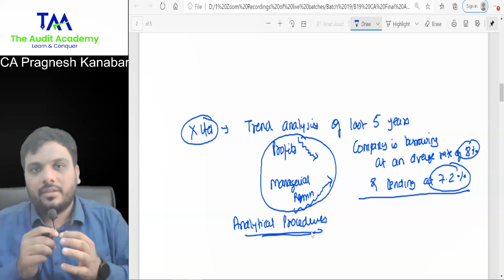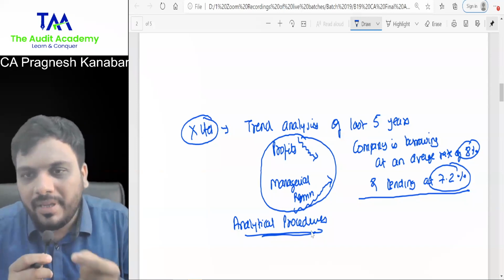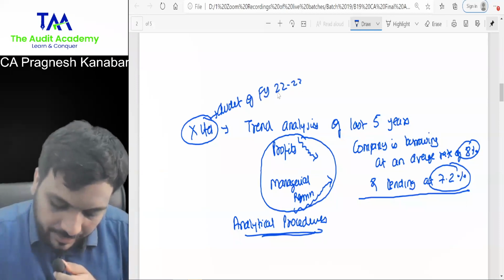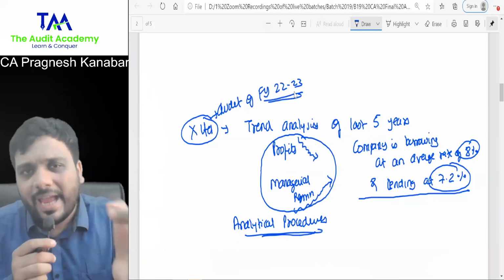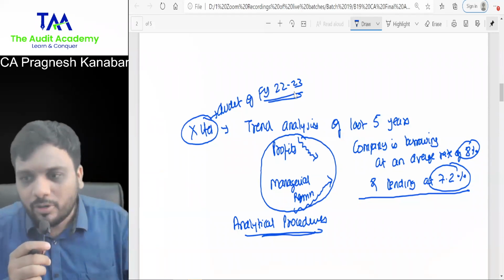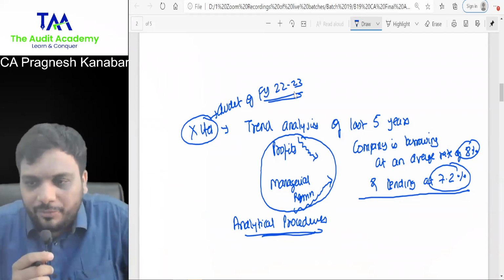Now answer my question very honestly. By performing these analytical procedures, let us say you are conducting the audit of financial year 22-23. Tell me, were you able to verify any item of 22-23?